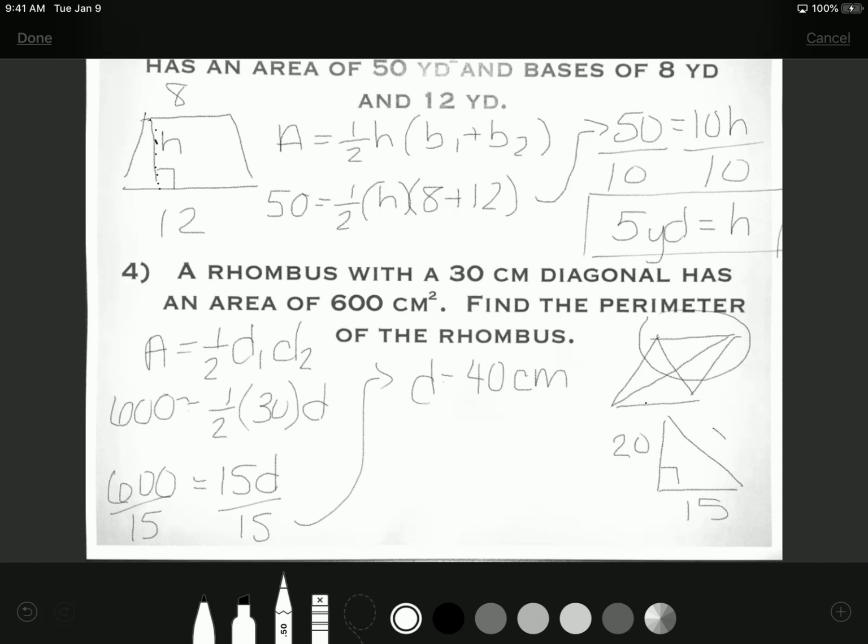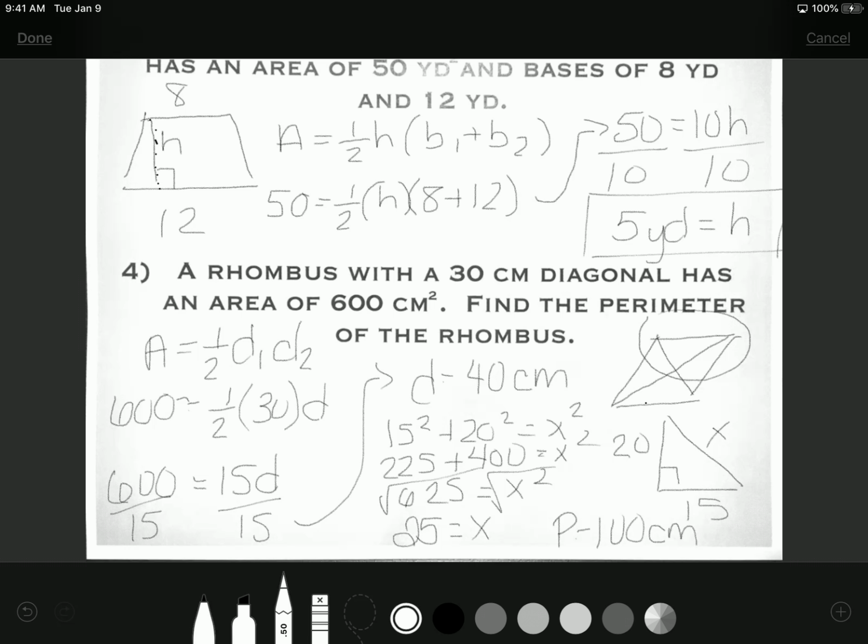I'm looking for this piece so that I can find one side. So 15 squared plus 20 squared equals x squared. This is 225 plus 400 equals x squared. 625 equals x squared, and when you take the square root, 25 equals x. Now the nice part is we know that a rhombus has 4 congruent sides. So if we take 25 and multiply it by 4, the perimeter for our rhombus is 100 centimeters.